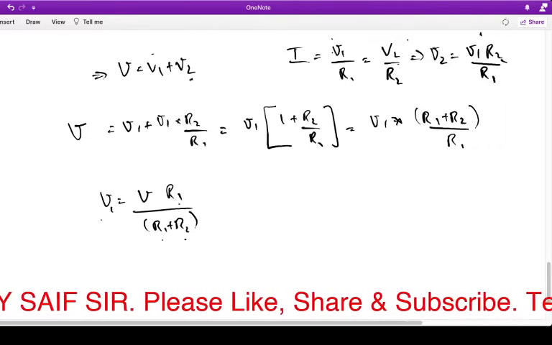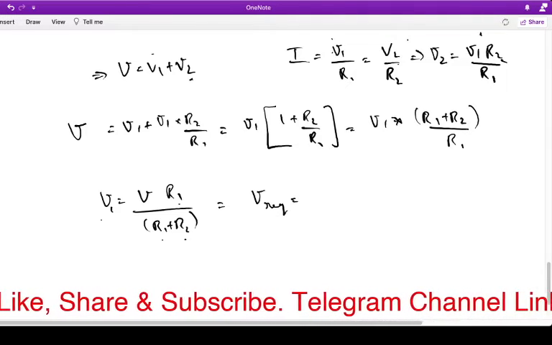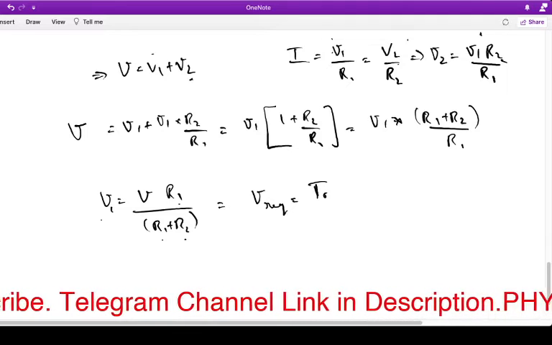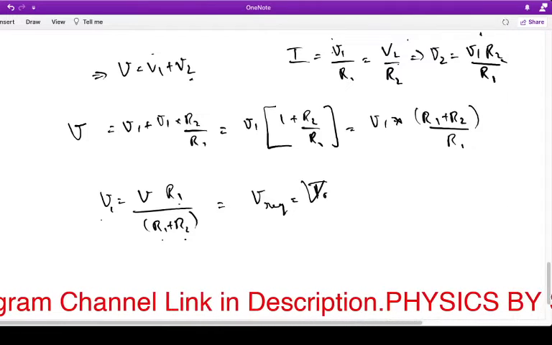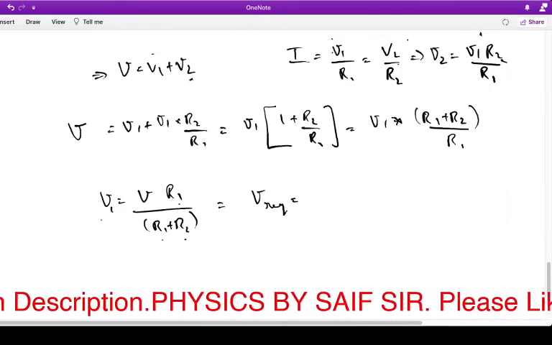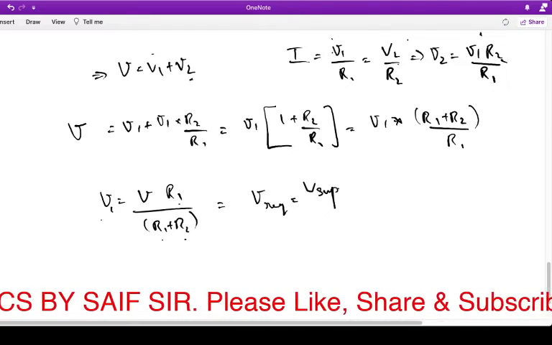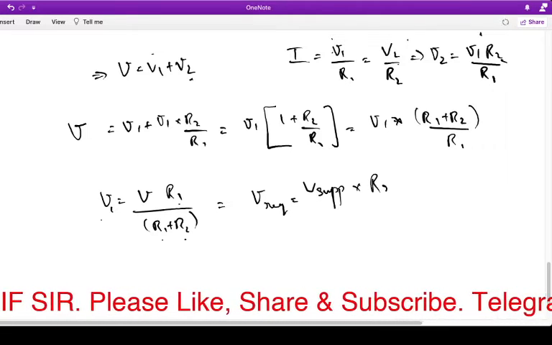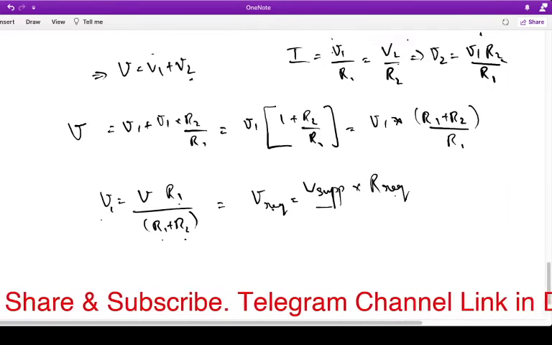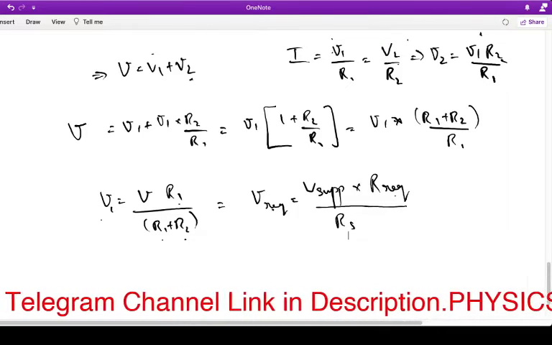So the basic formula will be: V required is equal to total voltage, or V supply, into R required, divided by RS, that is the total resistance in series.